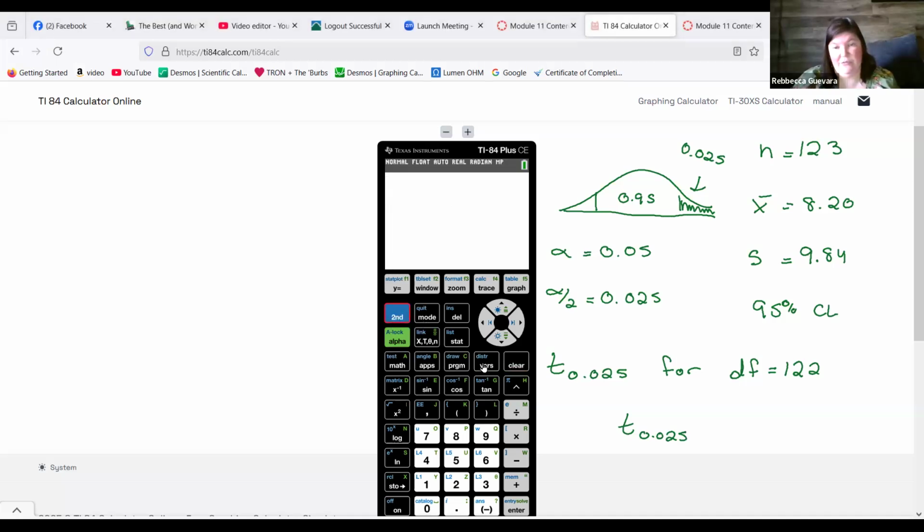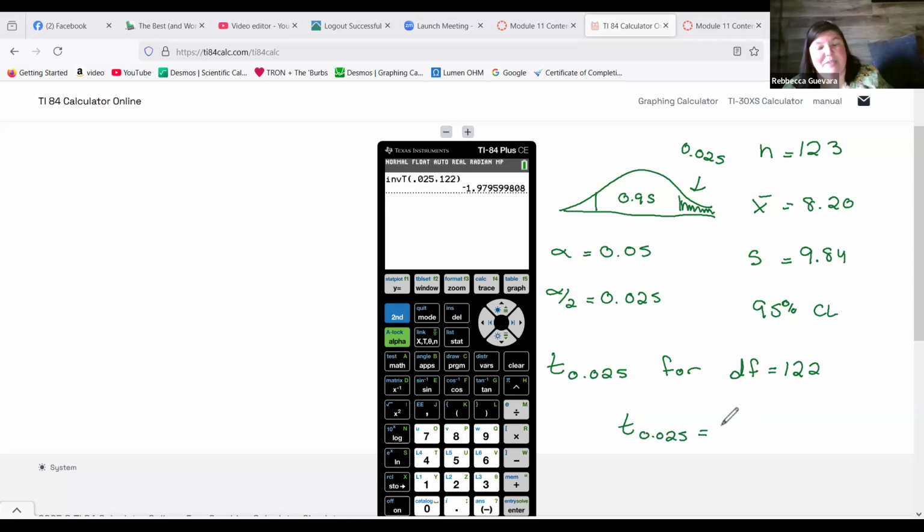we go to second vars for distribution. We go to number 4. My area in this tail is 0.025. And we have 122 degrees of freedom. So I like to use the calculator because 122 is not going to be on my table, but my calculator can find it for me.